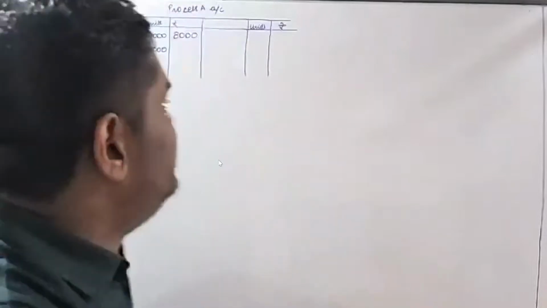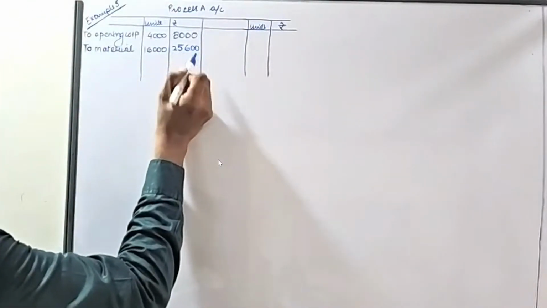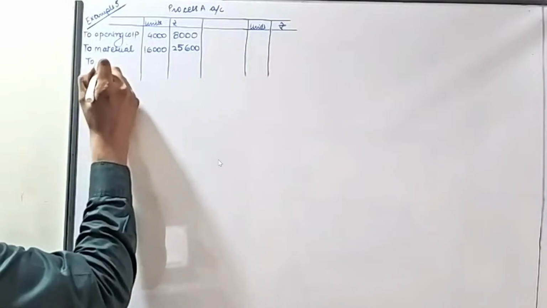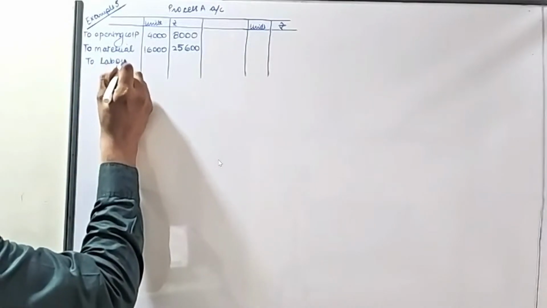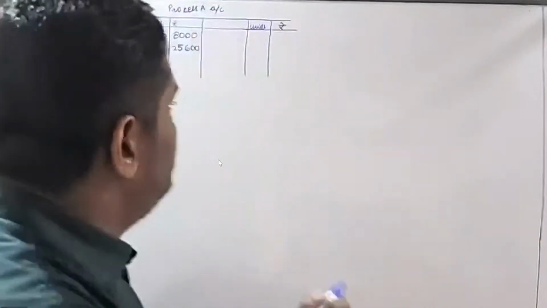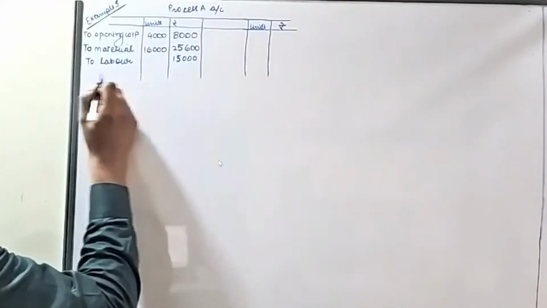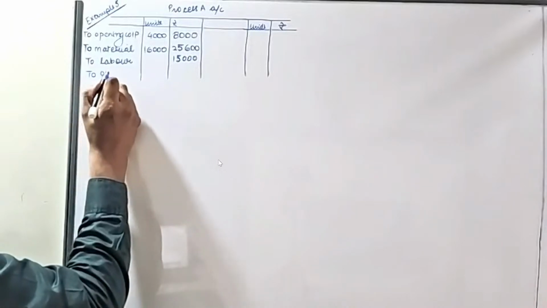And when talking about the value of material, it is 25,600. When talking about the labor cost, it is 15,000. And overheads are also.